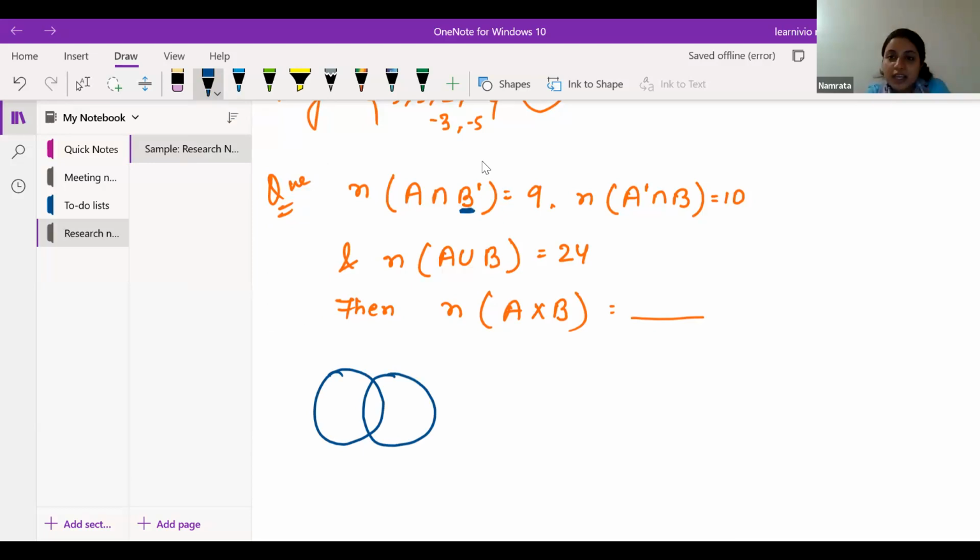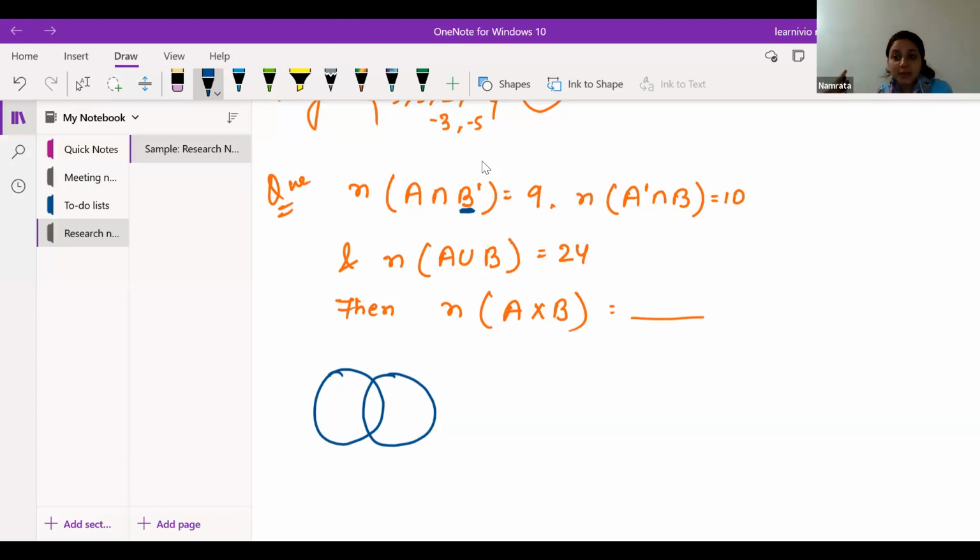If I am saying A complement, that means all the elements from universal set excluding A, right? Yes, ma'am. B complement means all the element excluding B, right? Yes, ma'am. Yeah. So A intersection B complement, that means B must not be there.